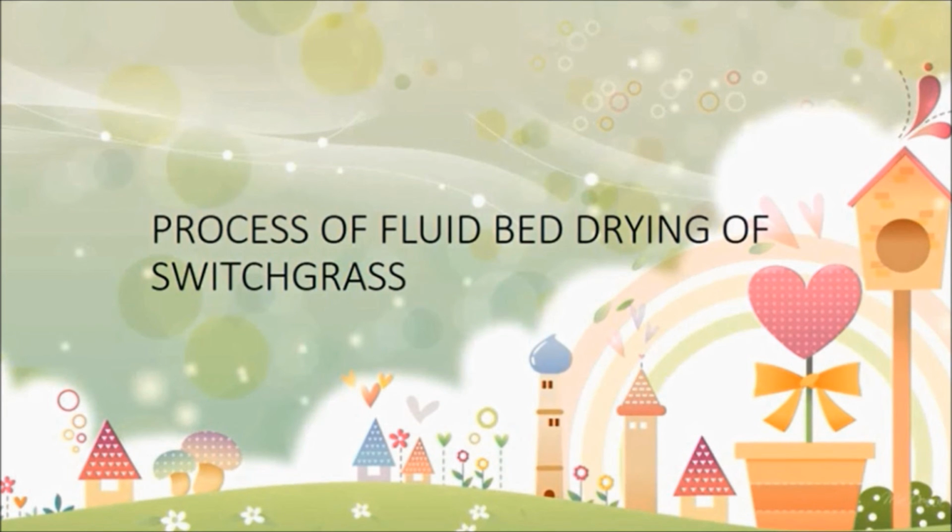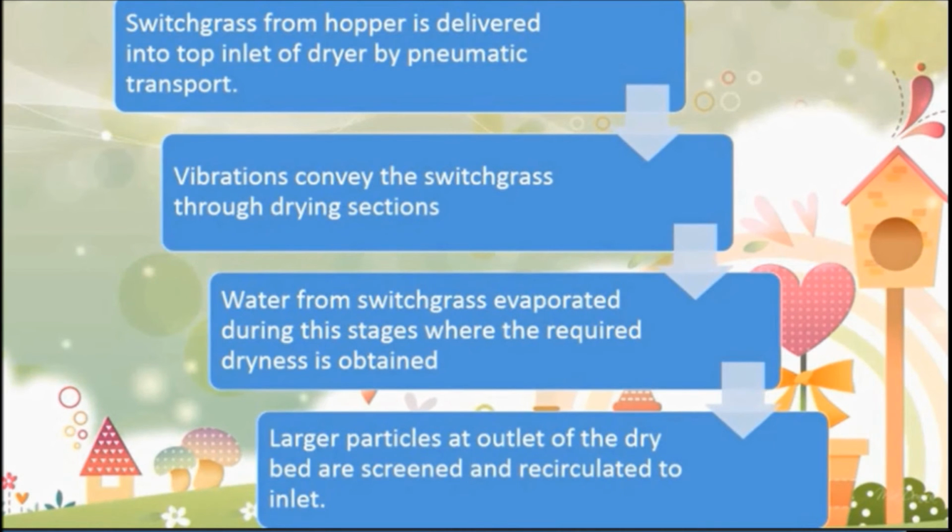Next, let's proceed to the process of fluid bed drying of switchgrass. Firstly, the chopped switchgrass from the hopper section is delivered into the top inlet of the dryer by pneumatic transport. Secondly, vibrations convey the chopped switchgrass through drying sections where air is at a gradually decreasing temperature.